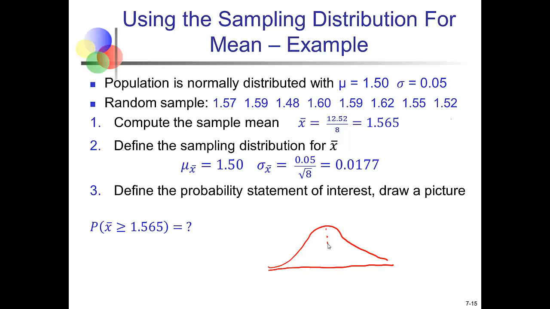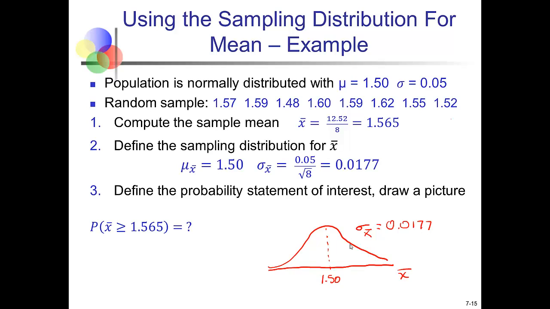The center of this distribution, our sampling distribution, is 1.50. So I'm going to put 1.50 at the center of this. Our standard deviation, or standard error, or the spread of this distribution, is 0.0177. Now we're trying to find the probability of getting a sample mean that's greater than or equal to 1.565.